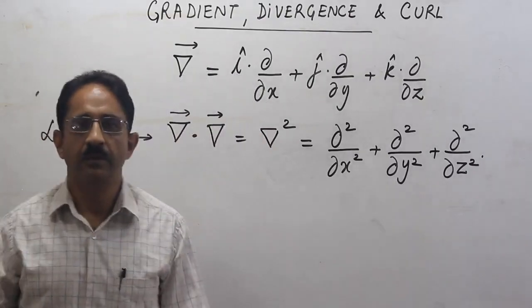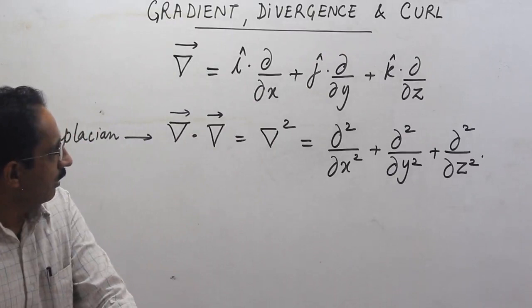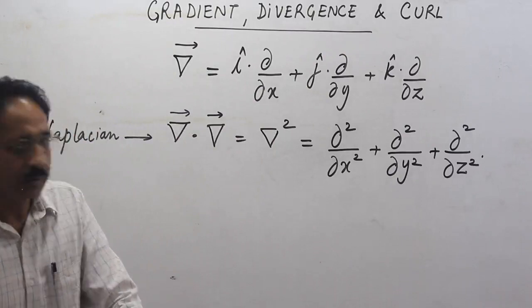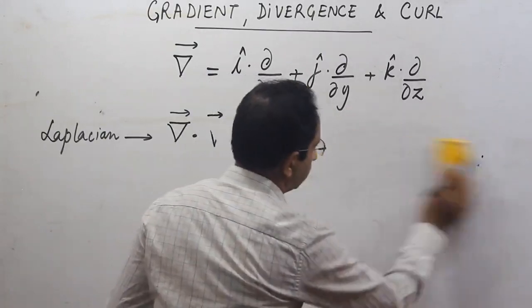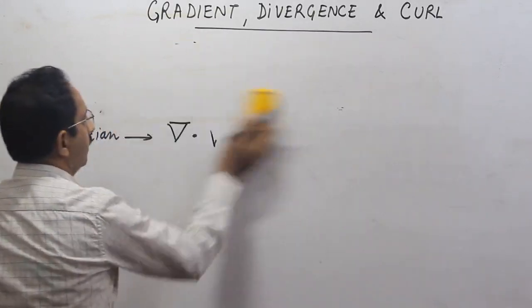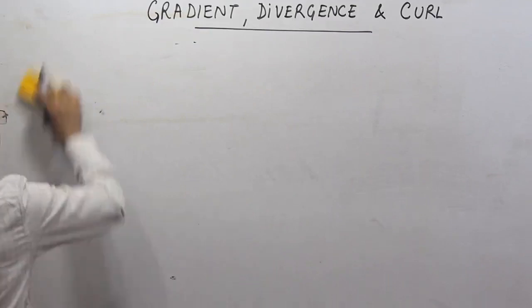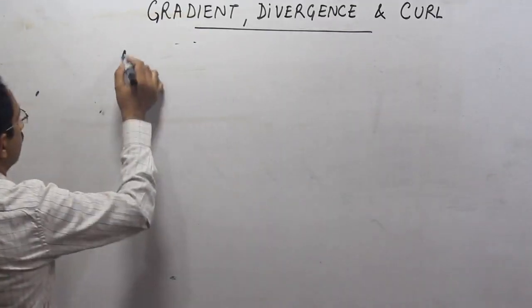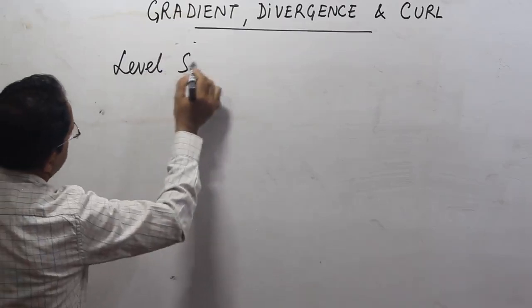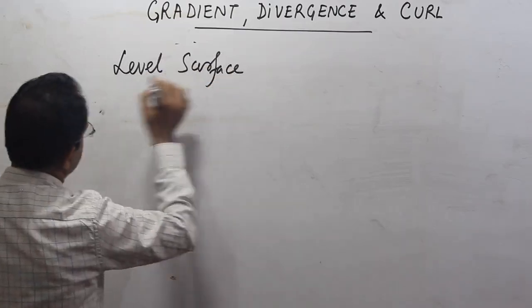Next, the moment we think of a certain scalar field or a vector field, we have a pictorial representation. One very important tool in the representation of scalar fields is the tool of using level surfaces. What's a level surface?